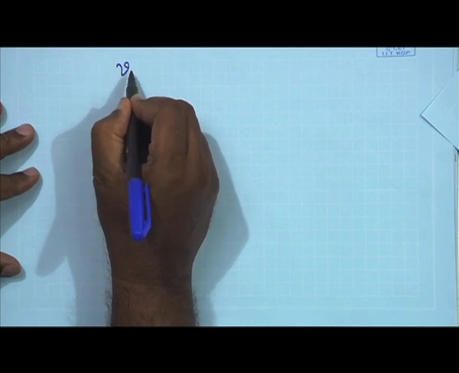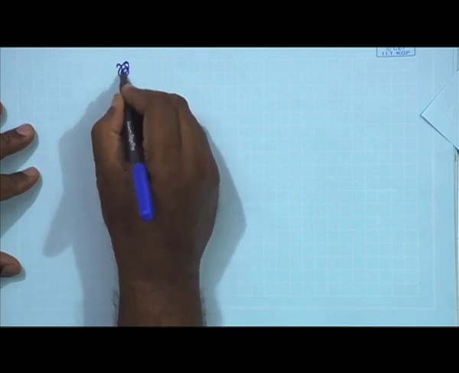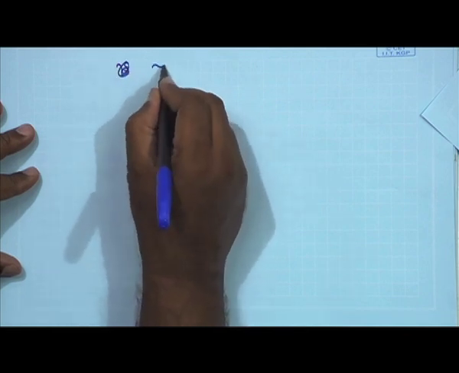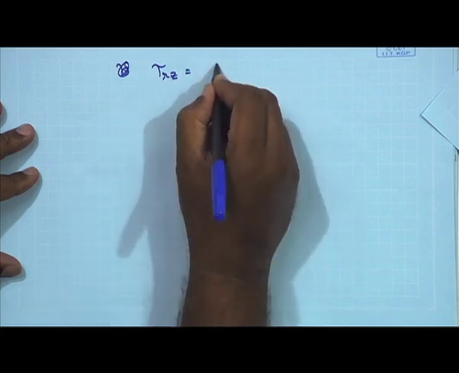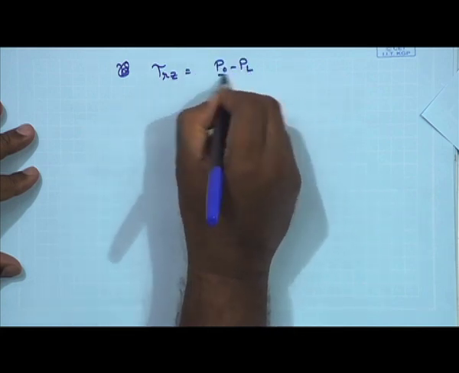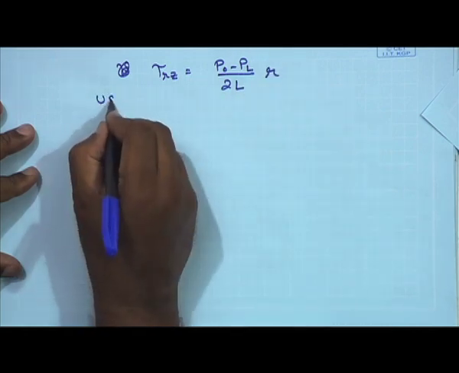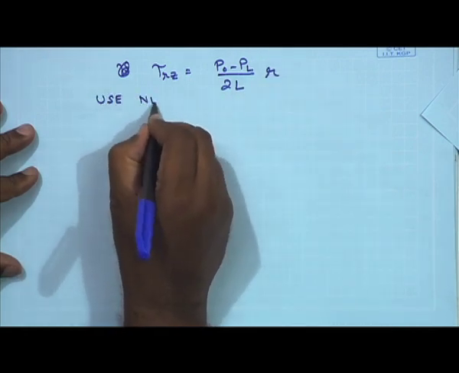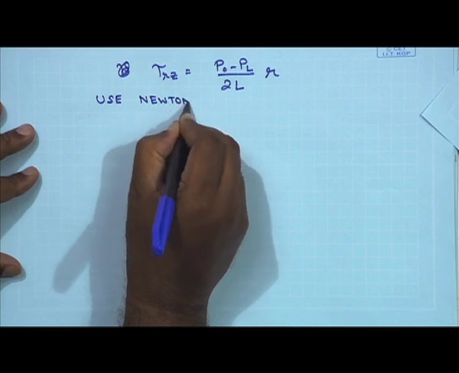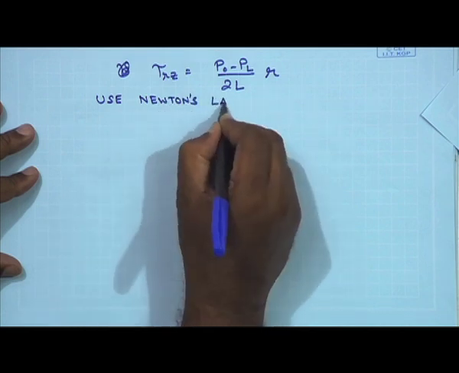Once you do the integration from that point onwards, your tau rz would simply now become P0 minus PL by twice L times r, and use Newton's law of viscosity.